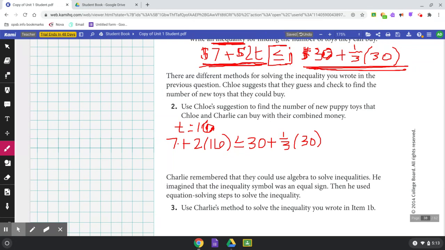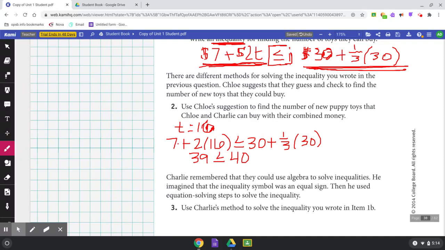Okay, and when you simplify this, you end up getting 39 is less than or equal to 40. Well, that's a true statement.